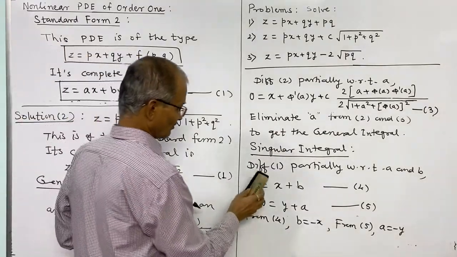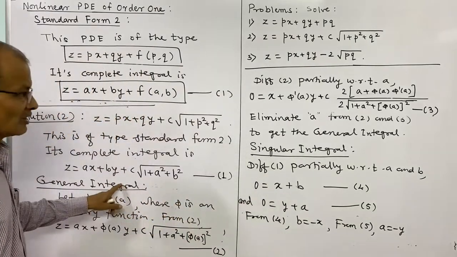Now the singular integral we have to write. Differentiate 1 partially with respect to a and b.